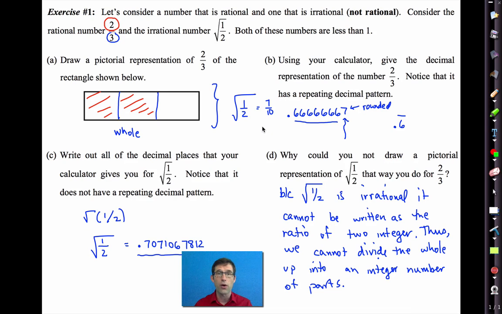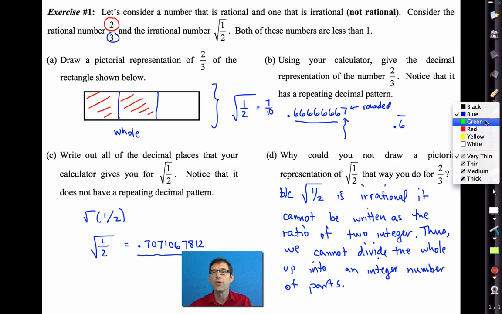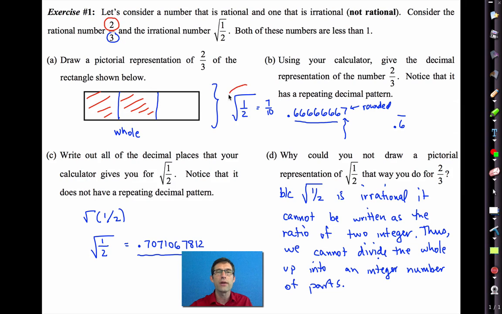Well, then we would just take our whole, divide it into 10 parts, and take 7 of them. And that would be the square root of 1/2. But we can't do that because it's an irrational number. So therefore, there is no way to pictorially represent it in terms of dividing a whole into a certain number of integer parts and then taking that number of parts. That's pretty deep, pretty deep.